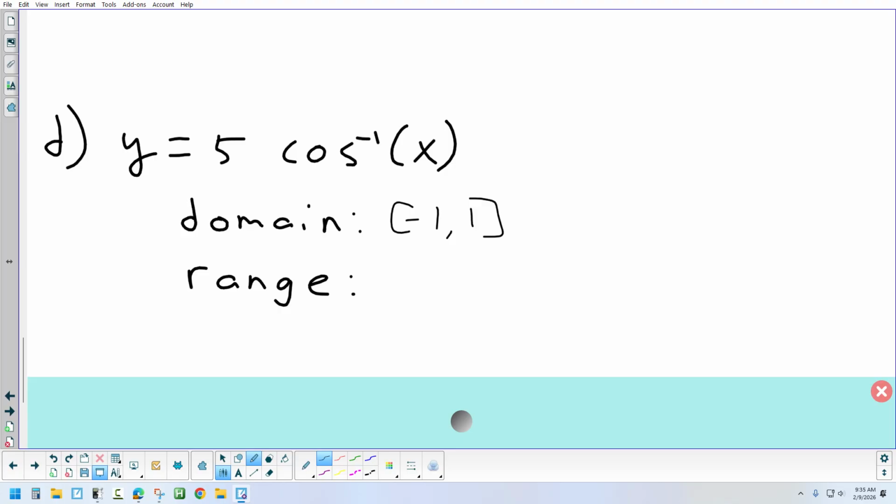Okay, range. What is the range of regular inverse cosine? No transformation. Just your starting range. 0 to pi, and we're stretching it 5 times as much. So what would that range turn into if it stretches 5 times as much? 0 to 5 pi.